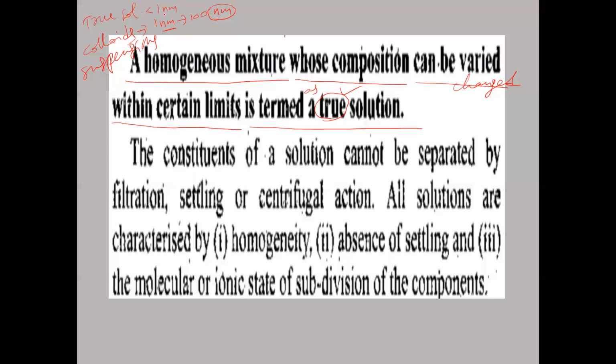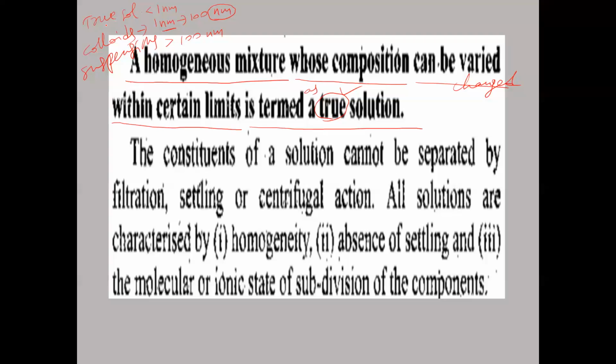If the particle size is less than 1 nanometer, it is called a true solution. If the particle size is greater than 100 nanometers, it is called a suspension. Is that clear? If the particle size is less than 1 nanometer, the solution will be called what?